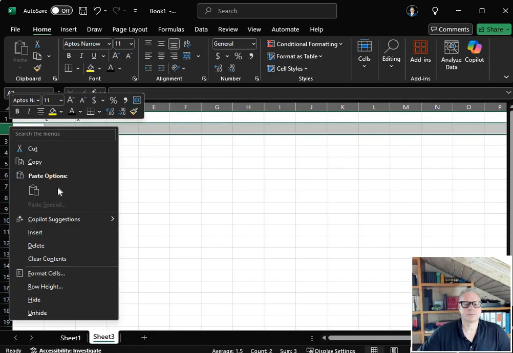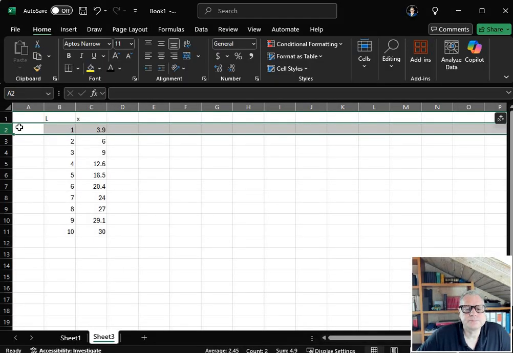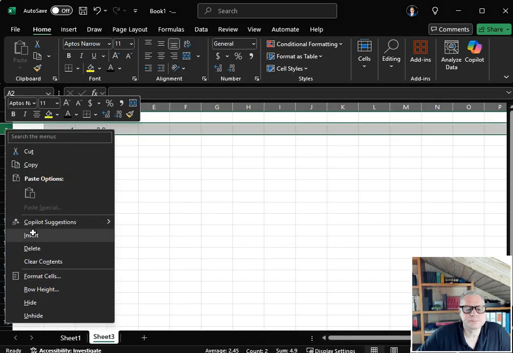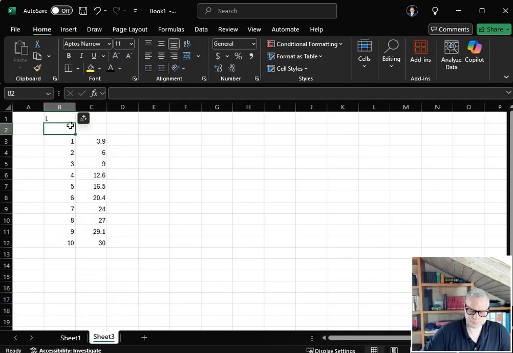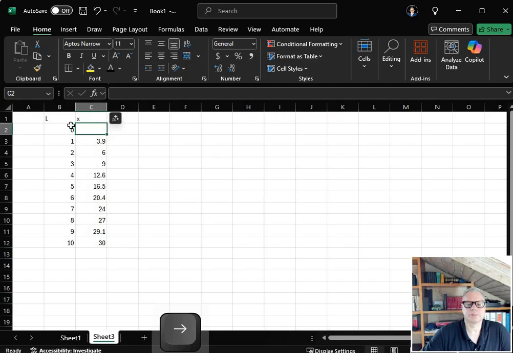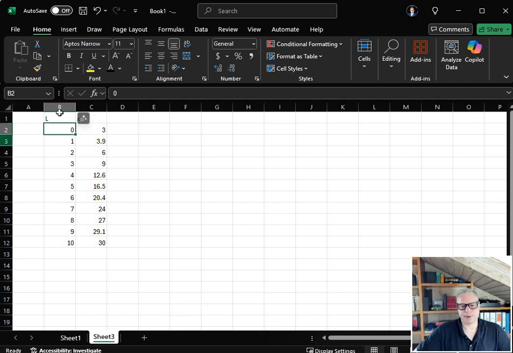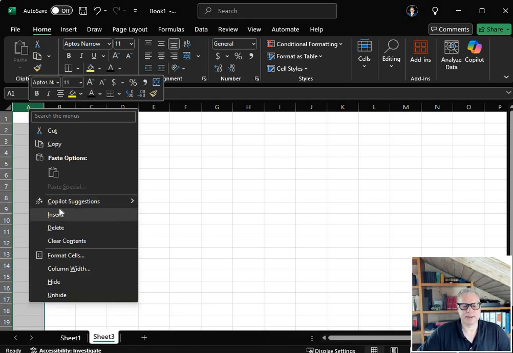Okay, so I don't know what happened here, but there was a blank cell, but now it looks correct.